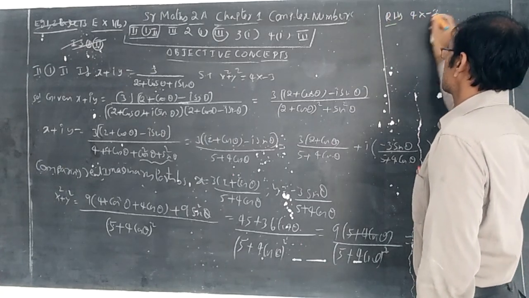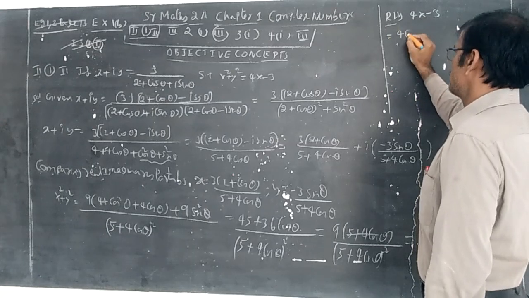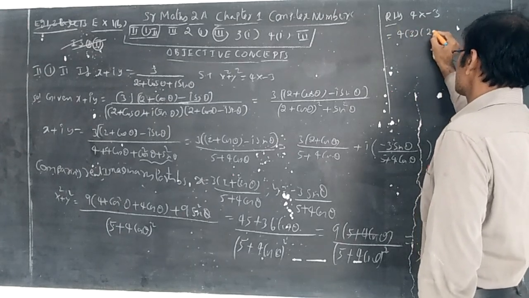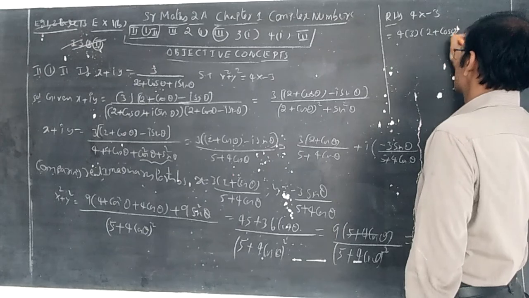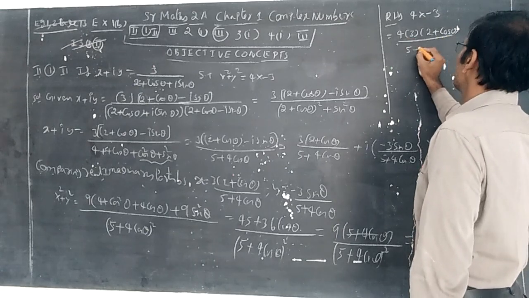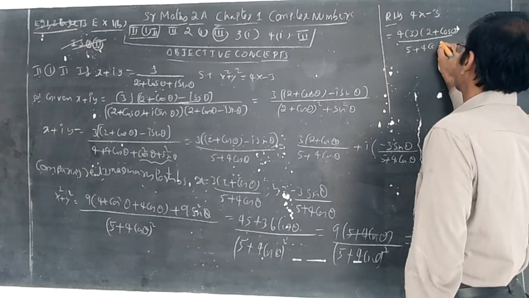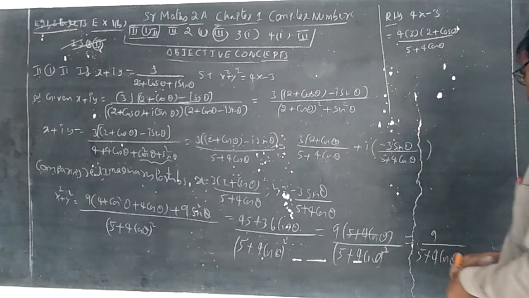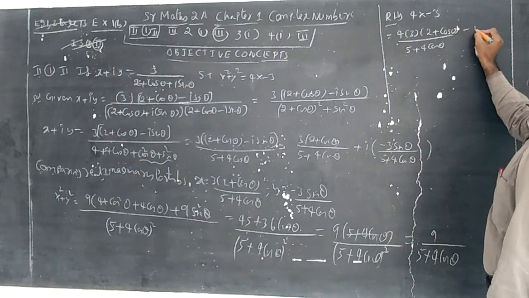RHS is 4x minus 3, that is 4 into 3 into 2 plus cos theta whole by 5 plus 4 cos theta, minus 3.